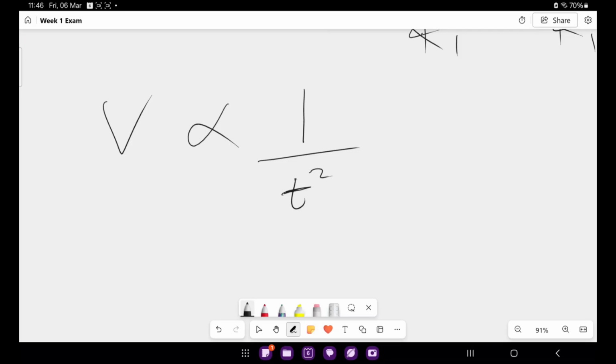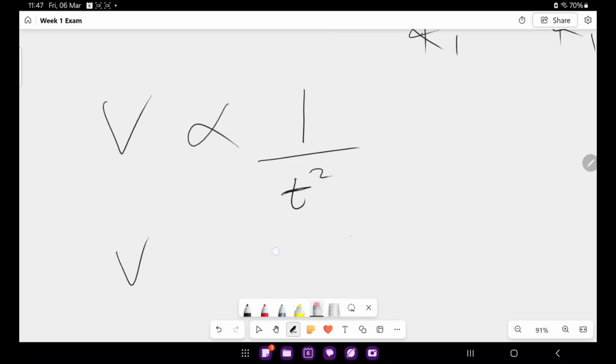It's kind of different, because if it's a scenario whereby say v in terms of t, that will mean that you have to first find k, the constant, and replace the constant. Then it becomes v is equal to maybe 2t, right? Or 2 over t squared in a scenario like this.